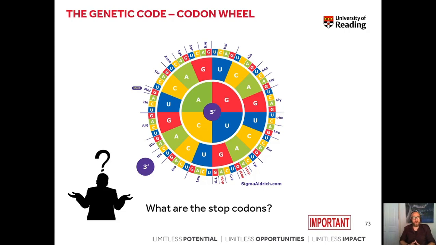The last exercise I would like you to do using the codon wheel is to identify the stop codons. So what you have to do now is to find the stop codons and then just start at the 5' end and come up with the correct codes initiating stop of the translation.